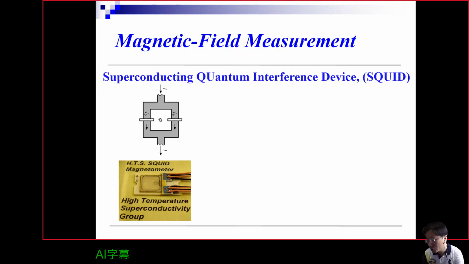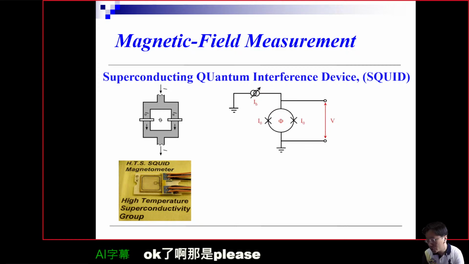Okay, there is another very important device that can measure the magnetic field, which is the superconducting quantum interference device. Abbreviated, we call that the SQUID. The SQUID uses materials we call superconductors, and there is a very special phenomenon.